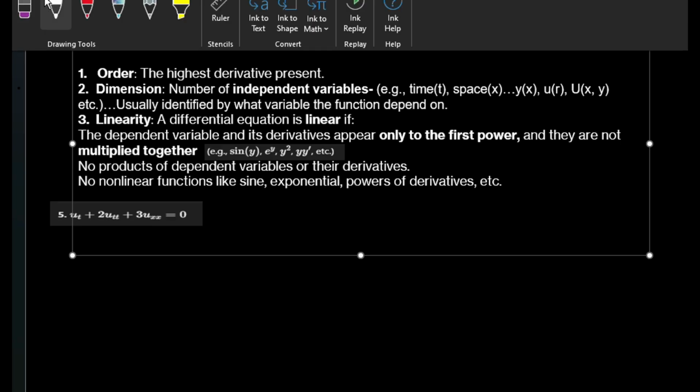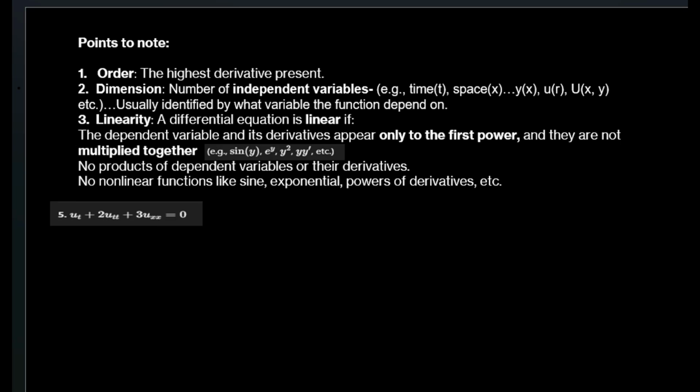Okay, so here we are supposed to find the order first. For the order, we simply could see u of tt and then u of xx. As I said, for the dimension, we have the space which is x, and then the time which is t.